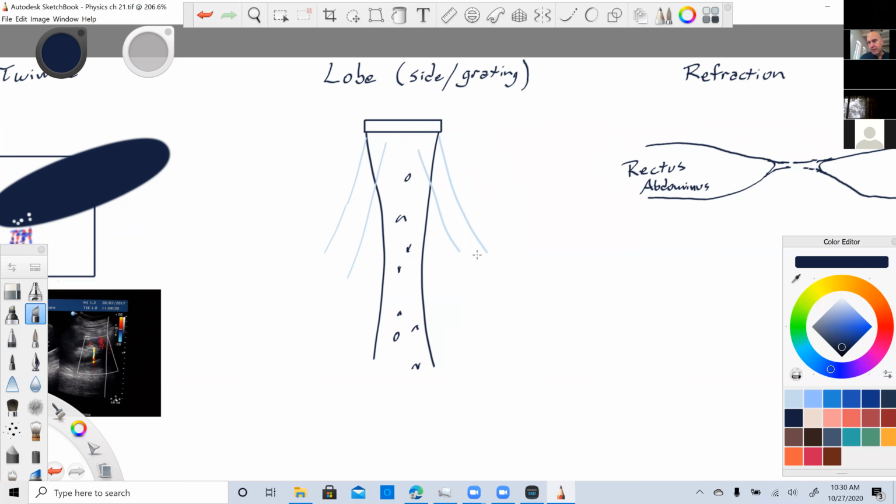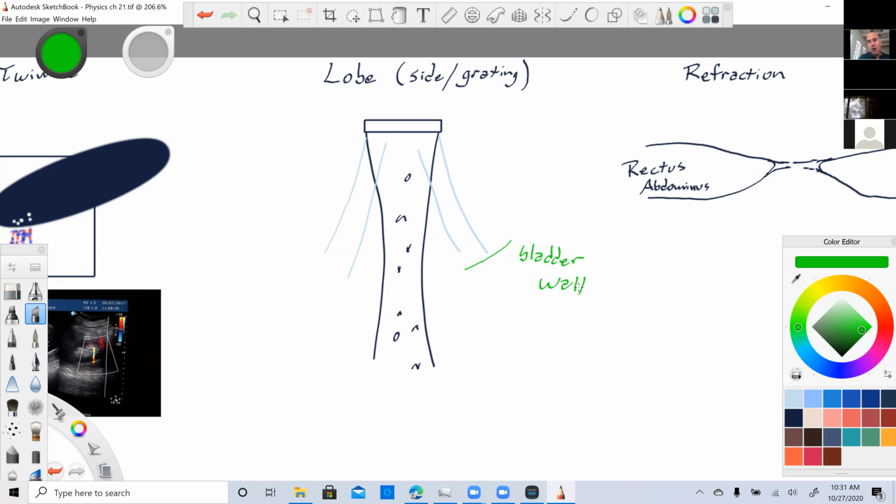And so if we have a nice bright object out here, let's just say, you know what's a good one, bladder wall. You know why the bladder wall? Because that too is a specular reflector. Close to 100% of the energy that hits it bounces back.